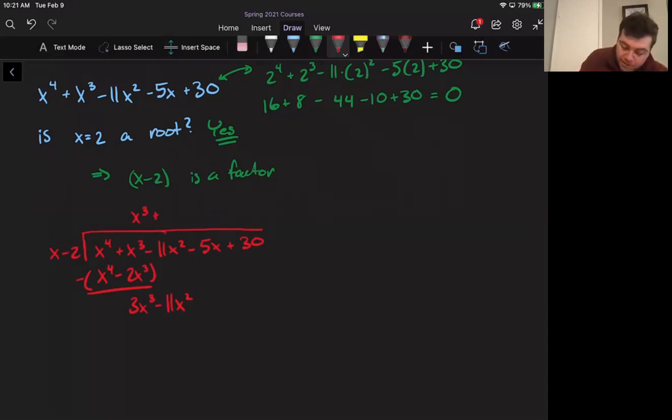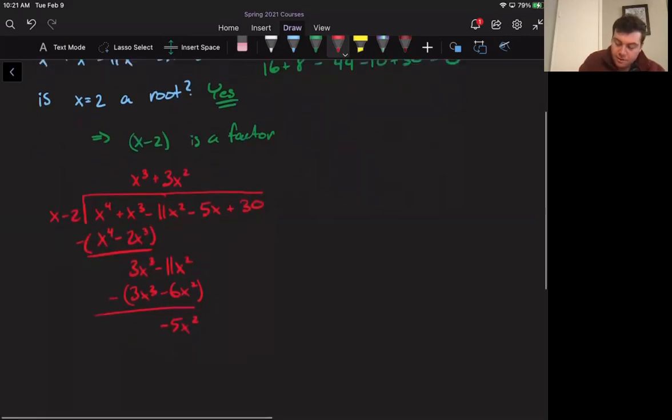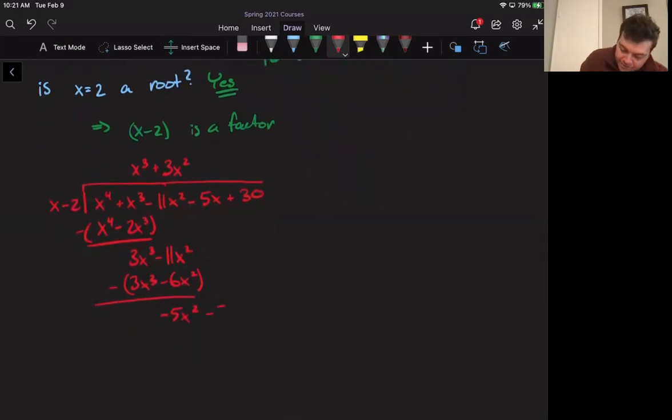So that will be a 3x squared. Multiply that through, we get 3x cubed minus 6x squared. We subtract that entire term, left with negative 5x squared, and we bring down a 5x.